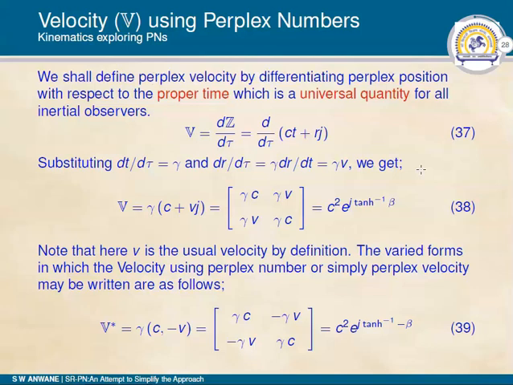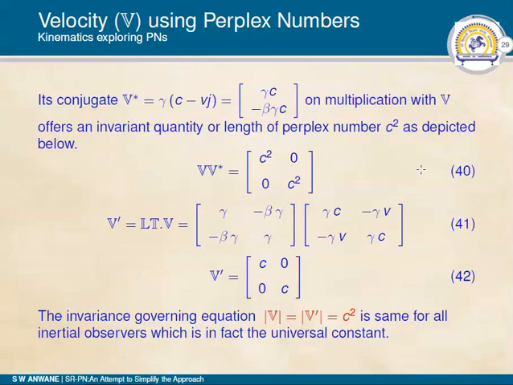Similarly, you can work out V star, and for V star you have the ordered pair gamma c, minus gamma v, as appearing in equation number 39, where we are representing all other forms like determinant and Euler form. Now the complex conjugate we can write using shorthand notation.